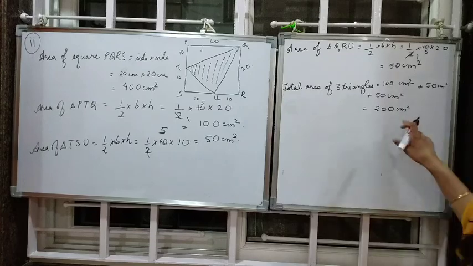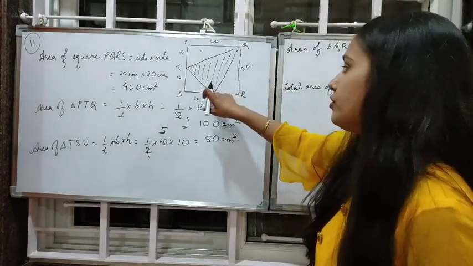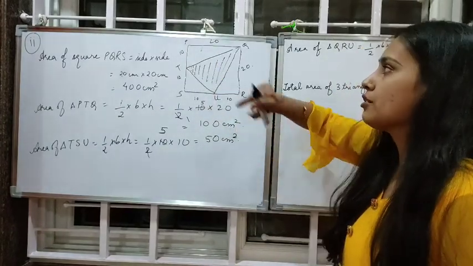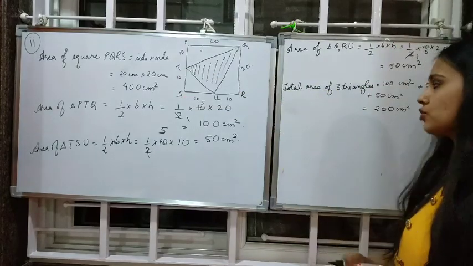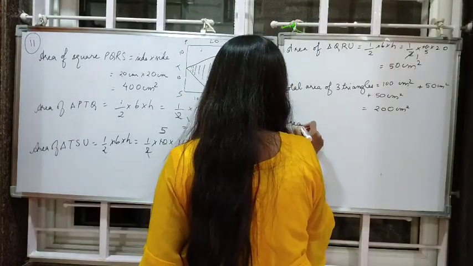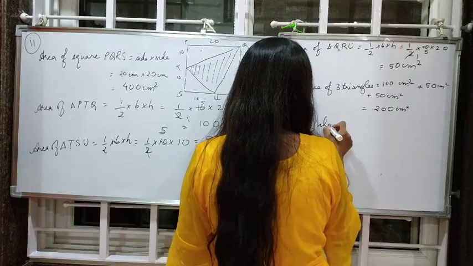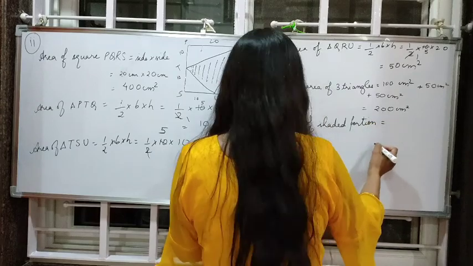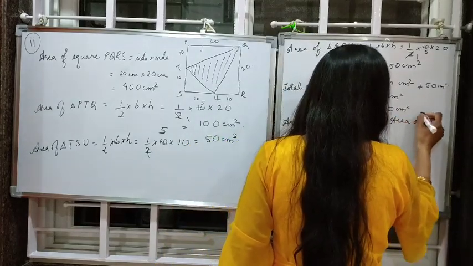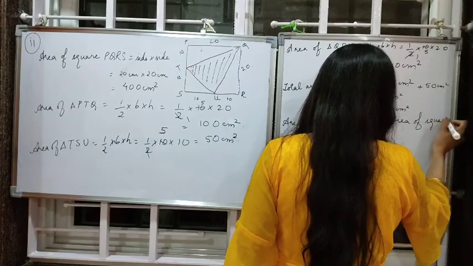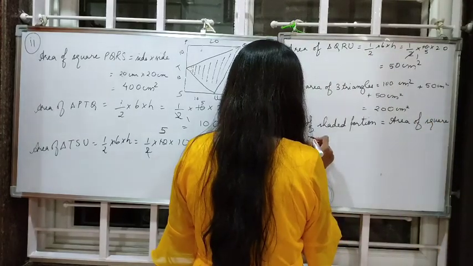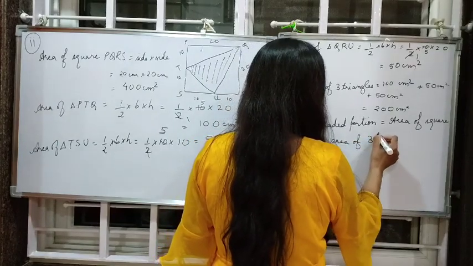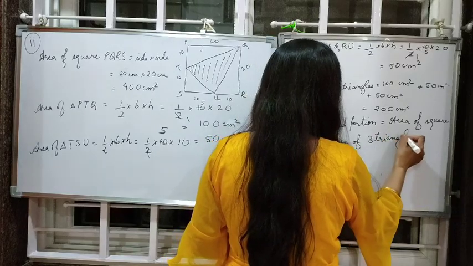Now what we have to do? We have to find the area of this shaded portion. For that we remove the 3 areas from the total area of the square. So area of shaded portion is equal to area of square minus total area of 3 triangles.